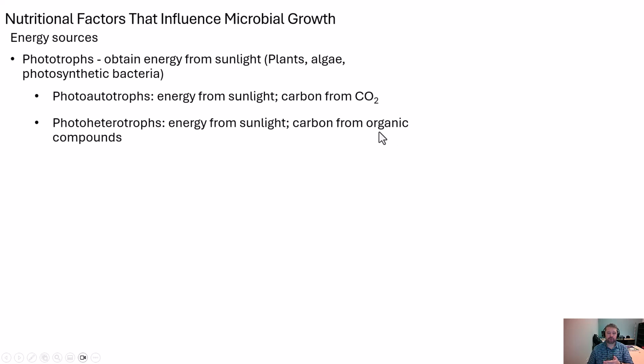So these are organisms that do both. They might use the energy from the sun and then they might consume organisms, or they might have a beneficial organism that's producing some organic compound, or they may produce the organic compound and then utilize the organic compound. So you can have an organism that kind of fits both categories.